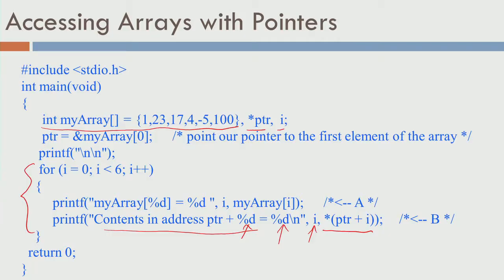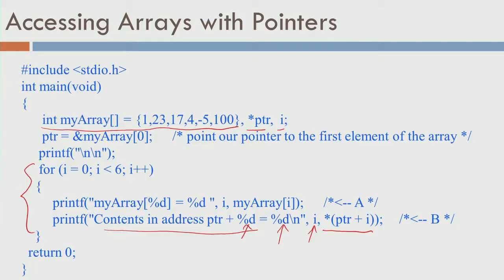You will see contents of ptr plus 0, contents of ptr plus 1, contents of ptr plus 2 and so on, all the way up to ptr plus 5. And star of ptr plus I means take ptr plus I, which means move it by appropriate number of locations from the base and dereference it using the star operator. I am going to call this line B.